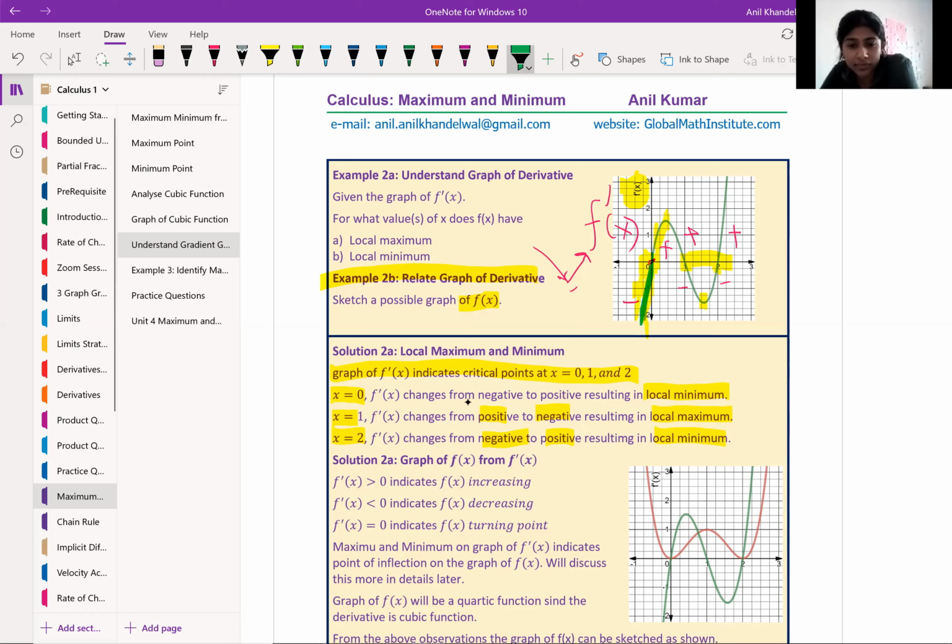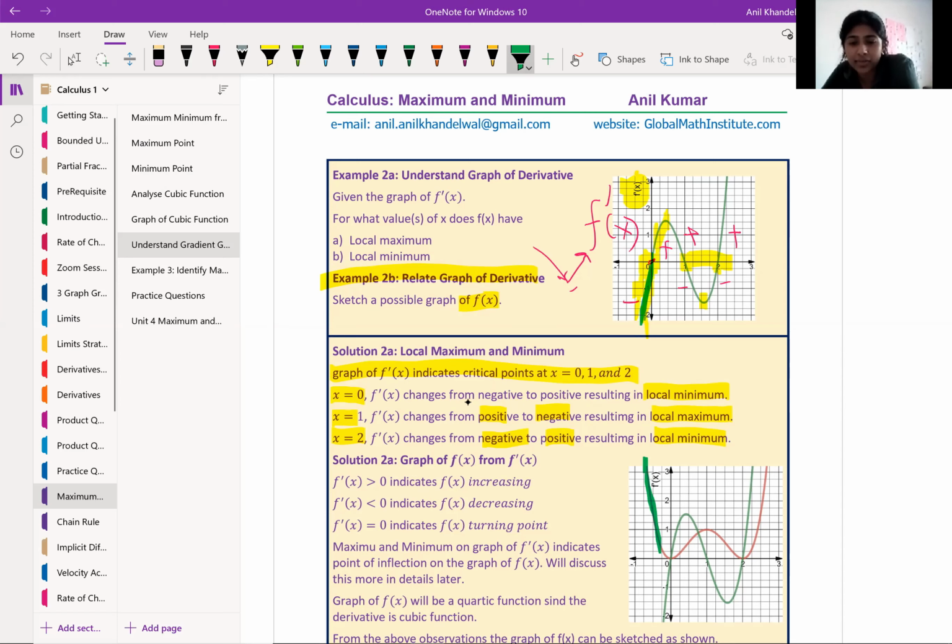We know gradient is negative, and we have decided that the polynomial should be of degree 4 for the function. The graph is coming downwards, which means the gradient is negative. If I draw any tangent on this side, it will be downwards.